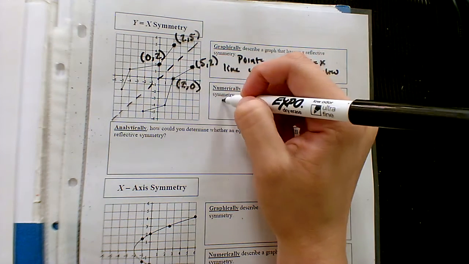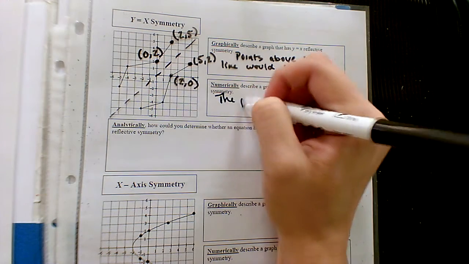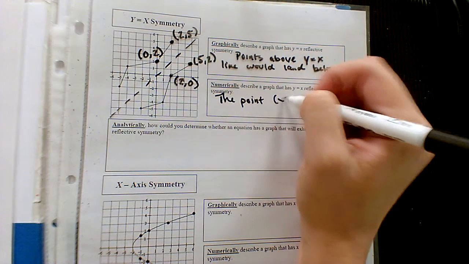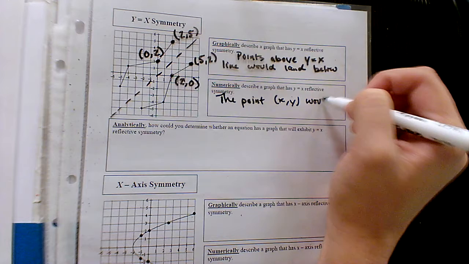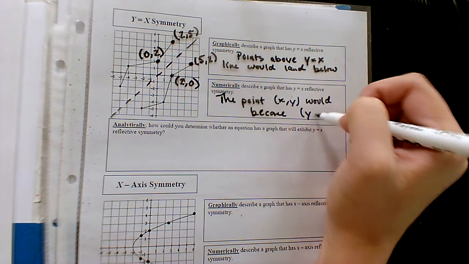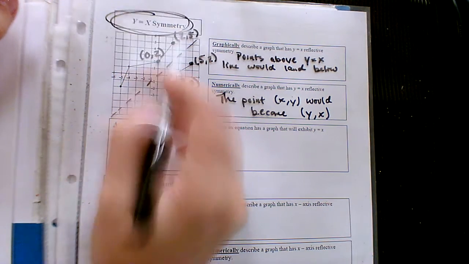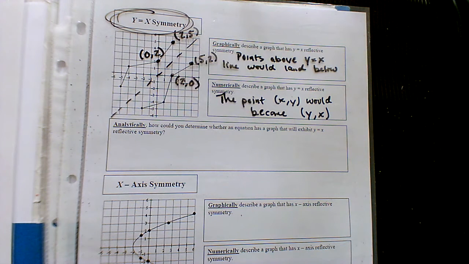So, to be consistent with the other ones, the point x comma y would become y comma x. We're flipping those ordered pairs. If we can identify that relationship between the points on a graph or in a table, we can conclude we have y equals x symmetry, this diagonal line symmetry.